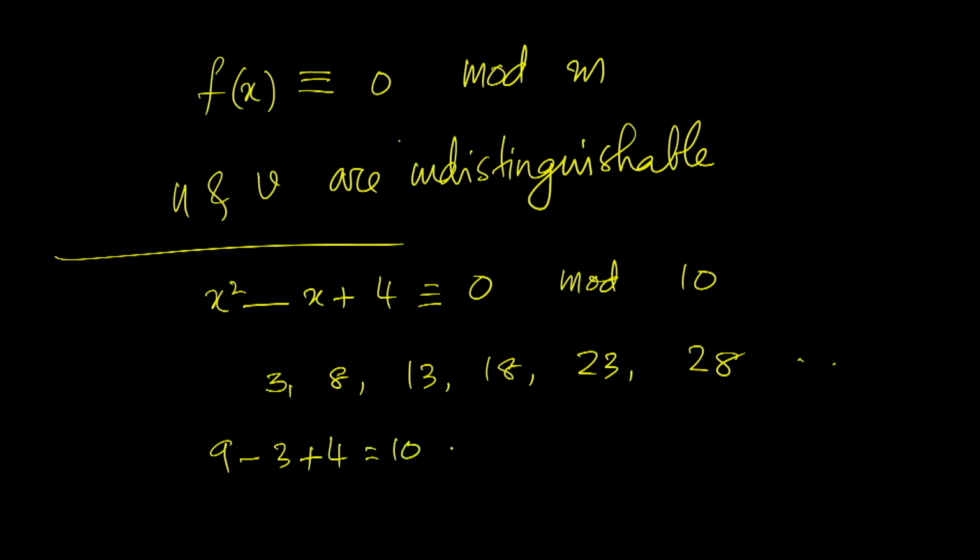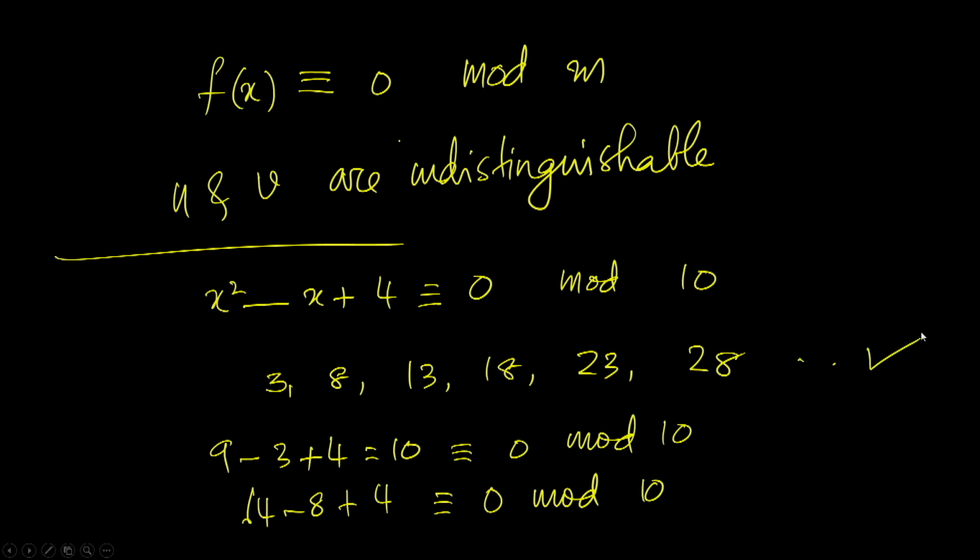This is 0 mod 10. Substituting 8 here, we have 64 minus 8 plus 4, which is 60, which is again 0 mod 10. So these are all solutions. And you can also verify that if x is a solution, then x plus 10 is also a solution.